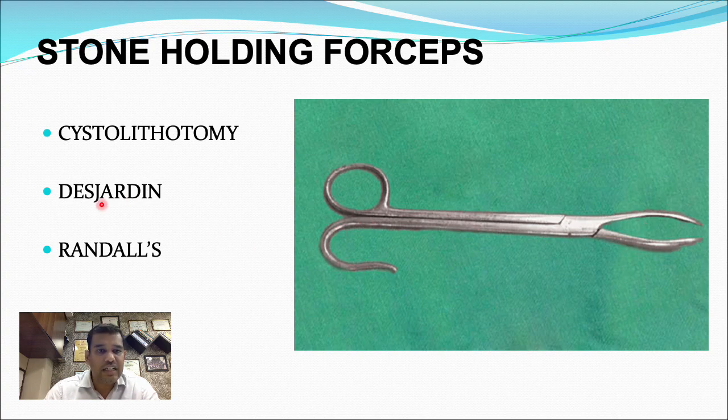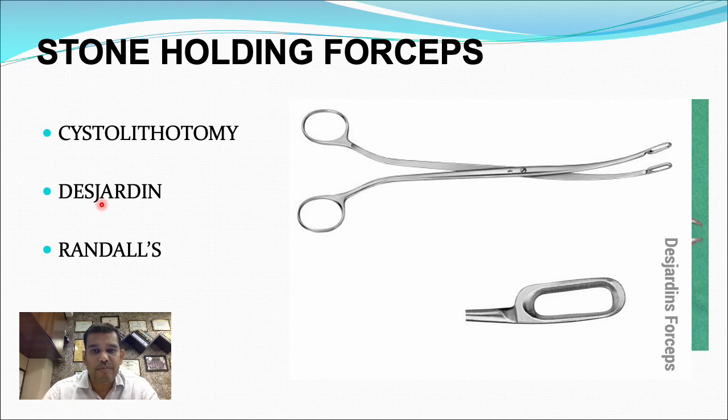Next is Desjardins stone holding forceps. This is a typical Desjardins forceps. This is the blade, this is the finger bow, this is the shaft, this is the joint, and this is the blade part. The important thing to note is the bulbous end with the central fenestration of the blade. This is important for holding smaller stones.